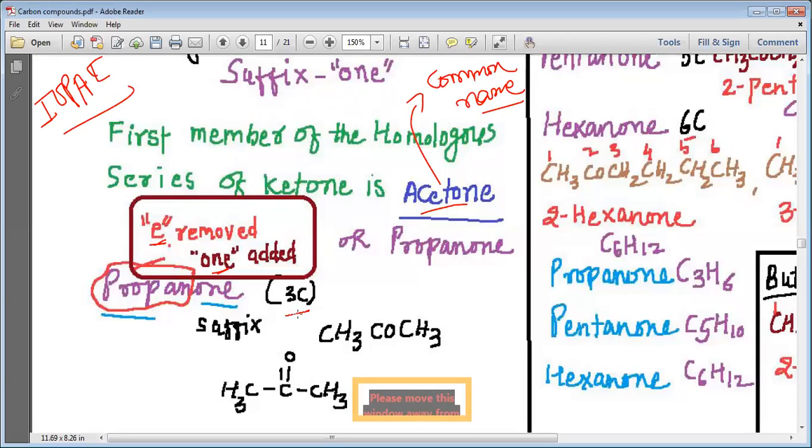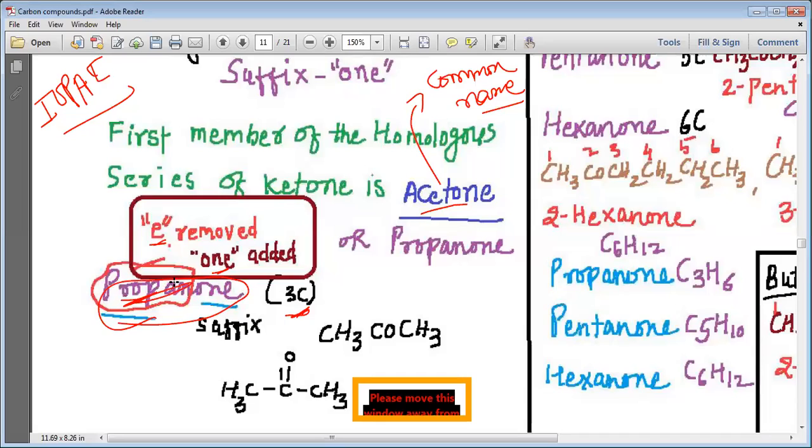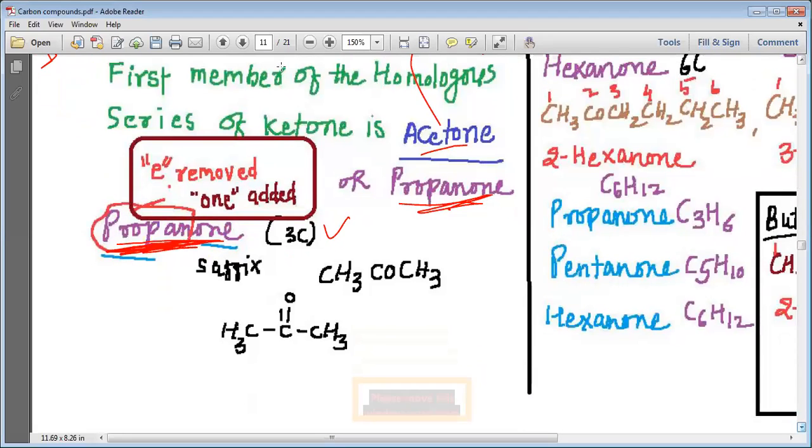So with the 3 carbon atoms, we have propane, we remove E and we add ONE, and this is how we get propanone. You can see here on your screen the name written as propanone. So propanone is the first member of the homologous series of ketone.